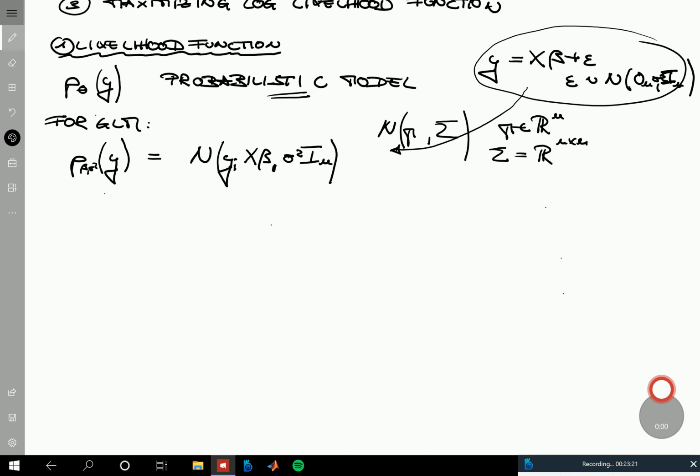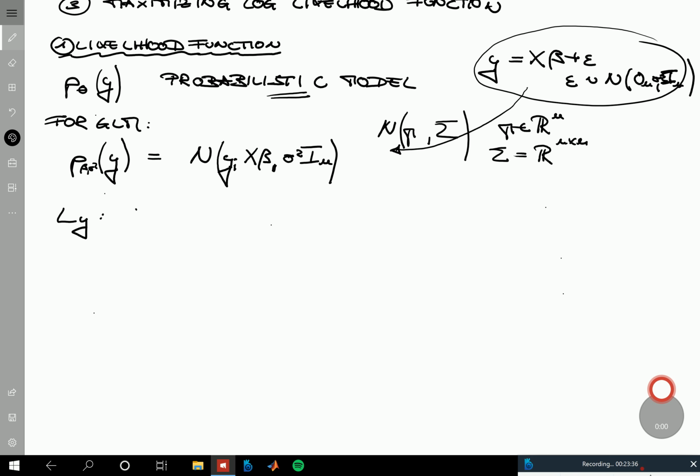And the next thing that we then need is the so-called likelihood function, if we want to do maximum likelihood estimation. Now, one way to write the likelihood function is as follows.